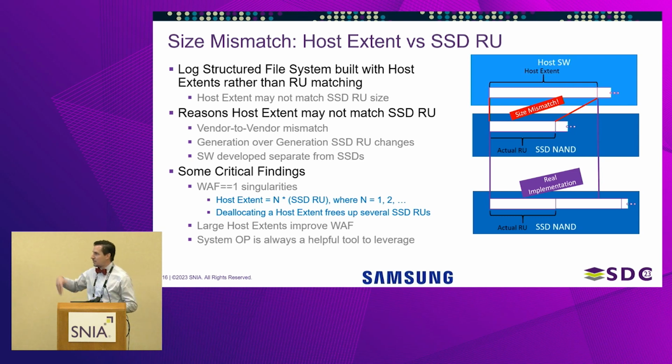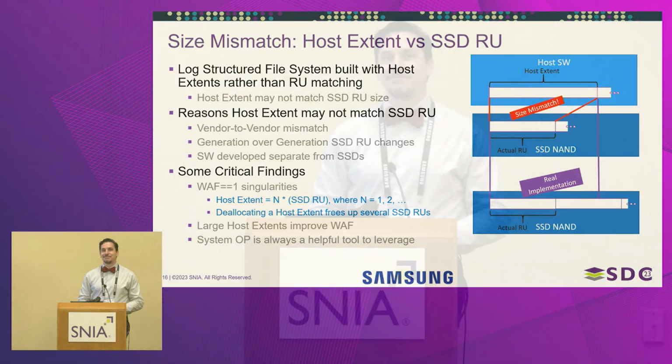If you're going to have a mismatch between the host extents and the RU, bigger is better on the host. That was the major recommendation through and through. But otherwise, it turned out to be a little more nuanced, and I was surprised by it. So I'm really looking forward to getting that in front of others. It wasn't really aligned with the write amplification of 1 findings. So thank you for that question.